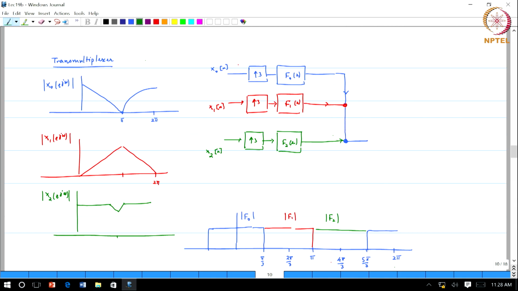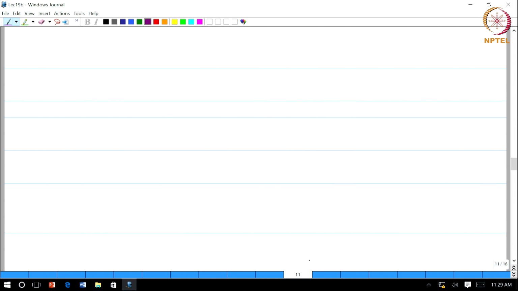Please tell me what the output signal, let me call this as s[n]. s[n] is a combination of these 3 signals. I would like to understand what the spectrum of s[n] looks like. Okay. And so, the first thing you would do is each of these gets upsampled by a factor of 3. Let us do it for x0, and I will assume that you will be able to do it for the others.